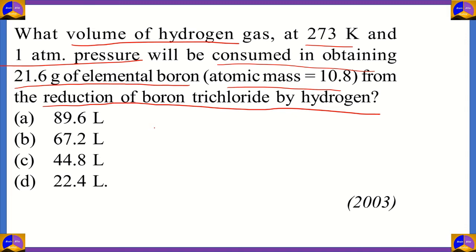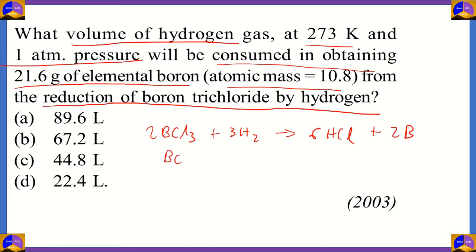If you check out the actual equation, the balanced equation is 2BCl3 plus 3H2 gives you 6HCl plus 2 boron. So three hydrogen gas molecules give you 2 atoms of boron. So what you can do is divide everything by 2 so that the number of boron becomes 1.